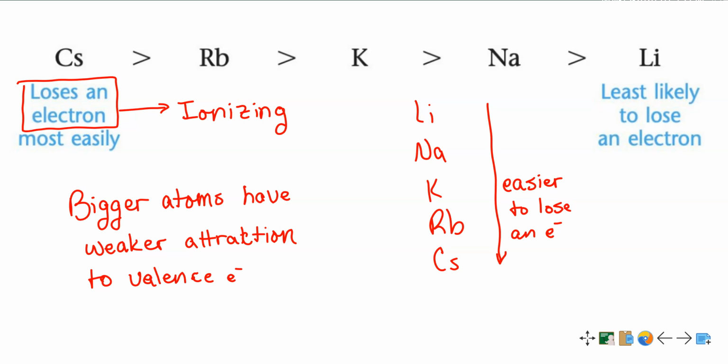So this also indicates that elements in the same column are similar, but not identical. So all the alkali metals that we've got listed here, lithium, sodium, potassium, rubidium, cesium, all of those easily lose electrons, but some of them lose electrons more easily than others. So this indicates that not all alkali metals are created equally.